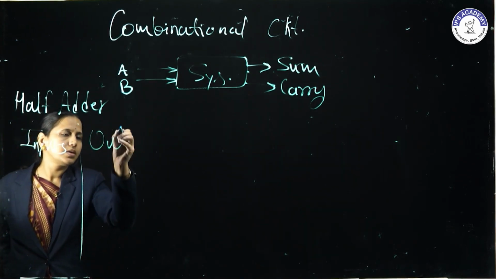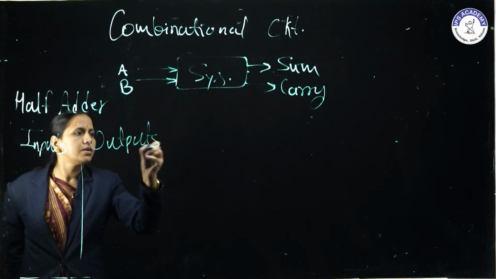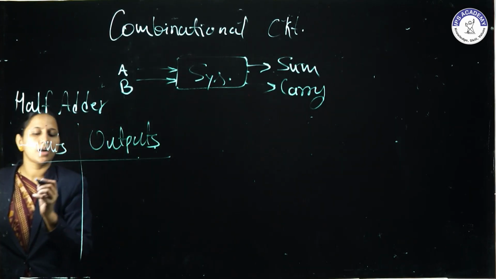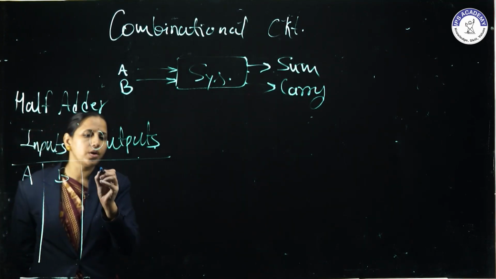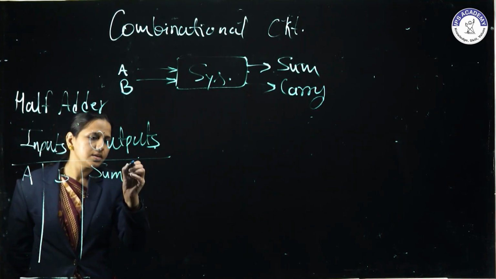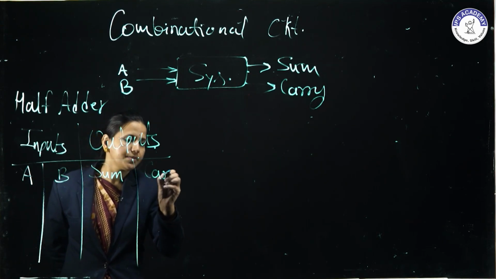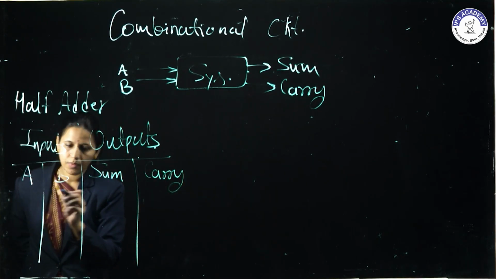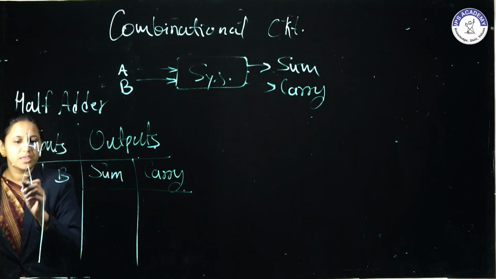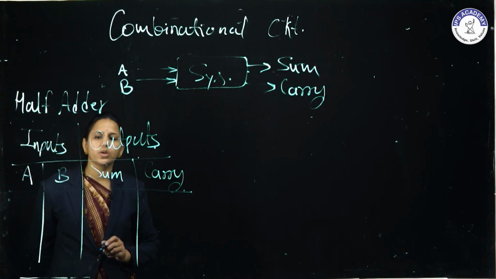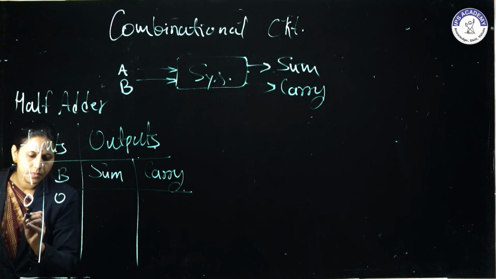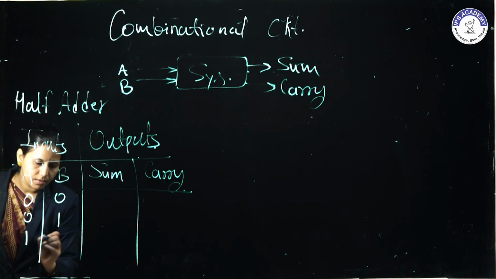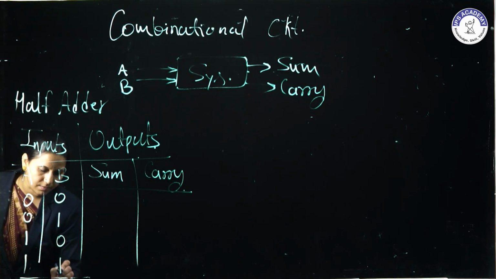As we know, there are 2 inputs, so the number of combinations will be 4: 00, 01, 10 and 11.